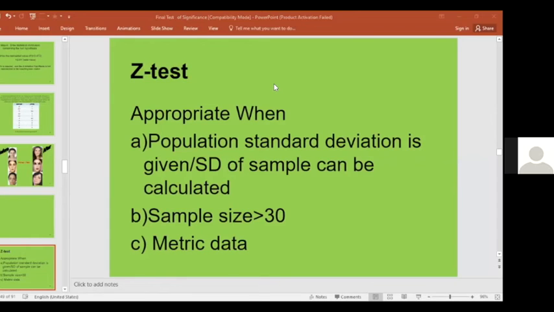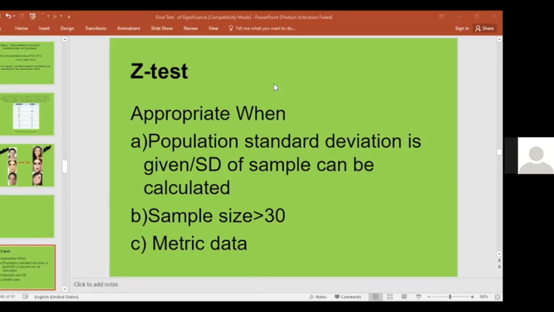Okay, sir. So, my dear friend, here we segregate into small size and large size. Whatever we applied earlier is also applied for the large sample. For sample size greater than 30, data collected on interval scale and ratio scale are used for testing.